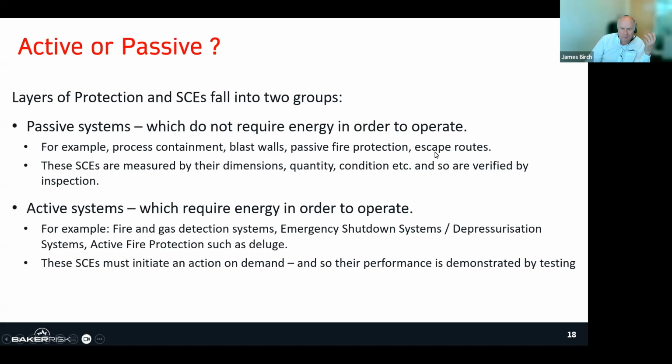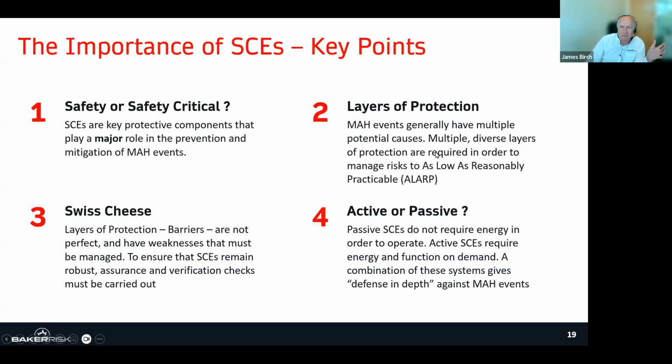So let me just summarize those models and points quickly. Safety critical. We have to make sure we're focusing our resources where we need them, on that which is truly critical to preventing major accident hazards. We try and do that by having layers of protection, many of them, different approaches, so that if one of them fails, another one will save us.